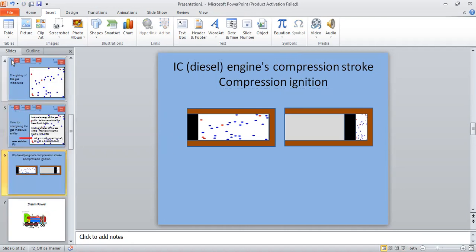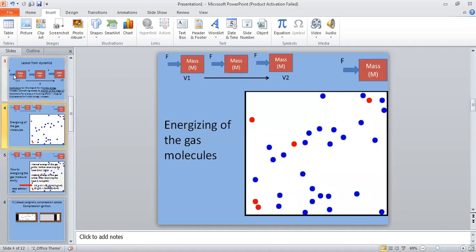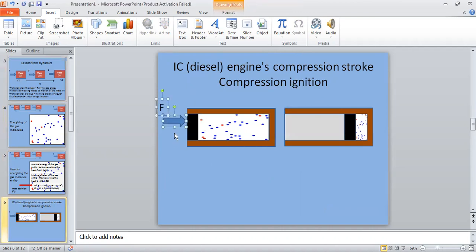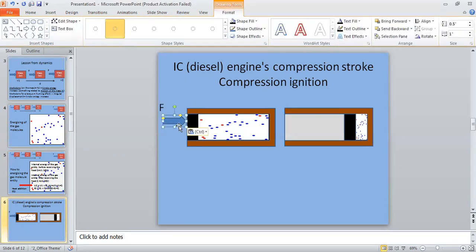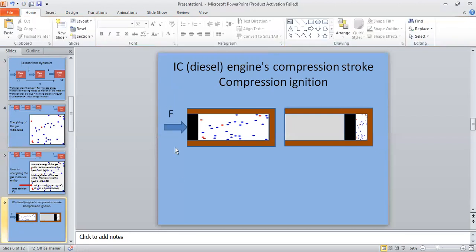So now it is interesting. Now you are applying a real force. The force can vary with time and displacement, but it's a real force.